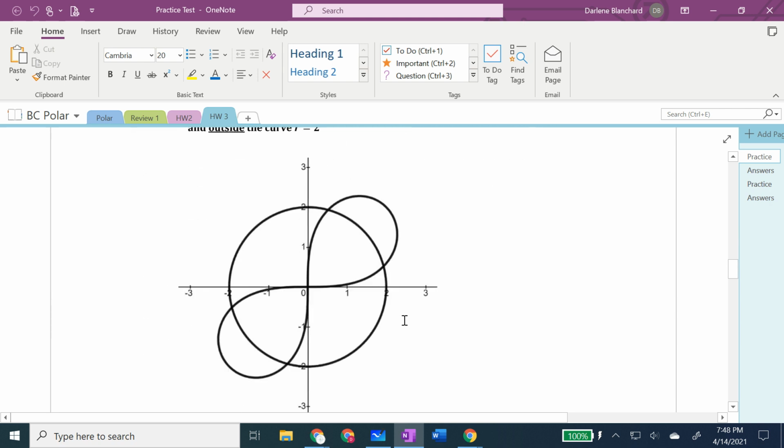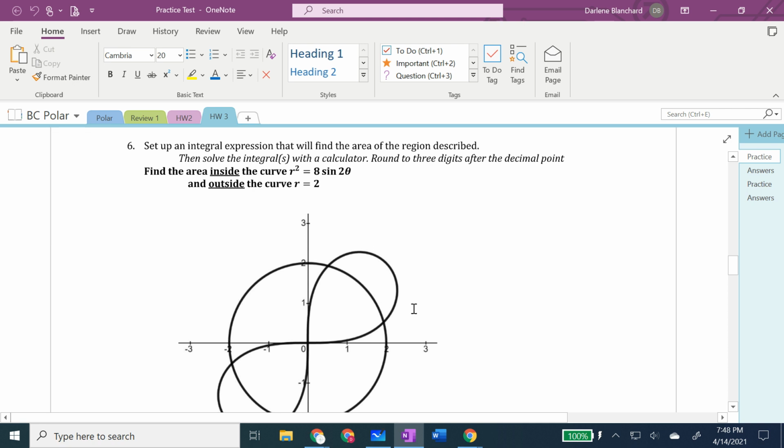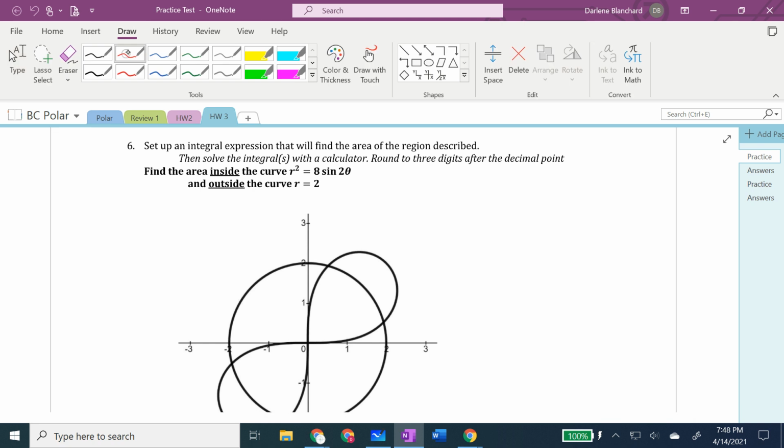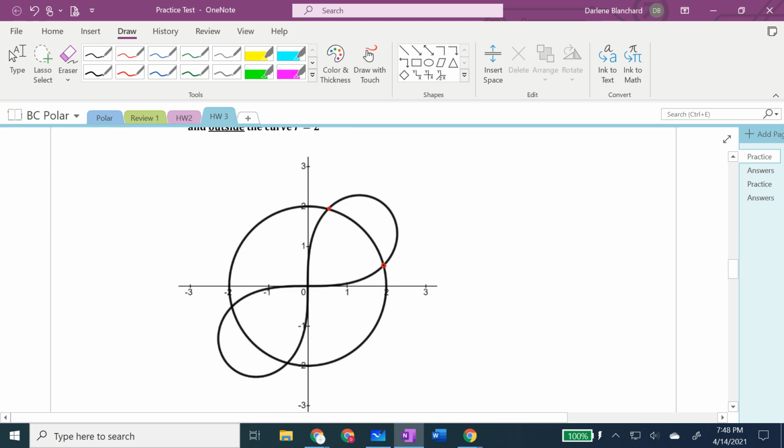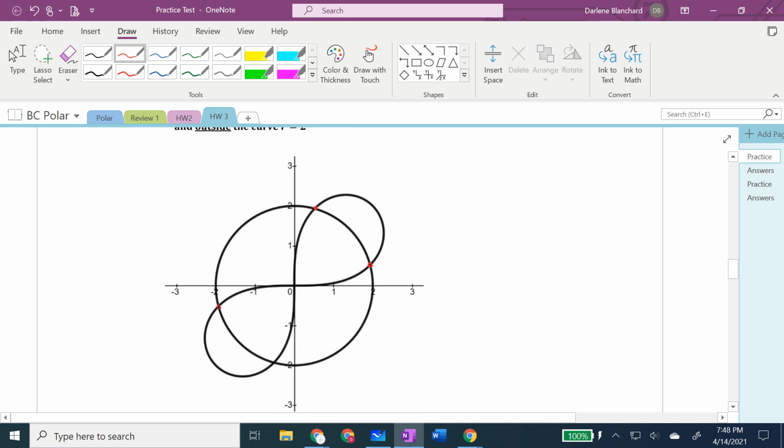One of the places where you're going to need to do some solving is with number 6 here. Have any of you started looking at this? For number 6, you're going to need to figure out where these intersect because I didn't show you enough of the graph for you to just see where they intersect.